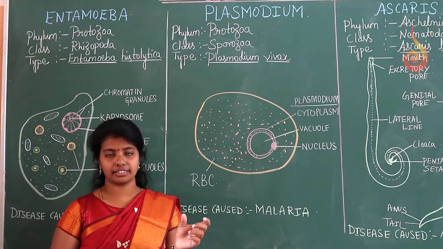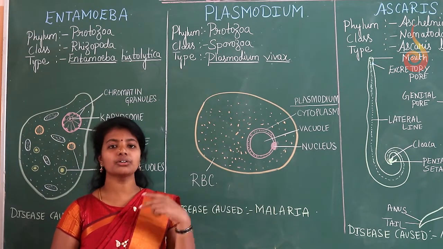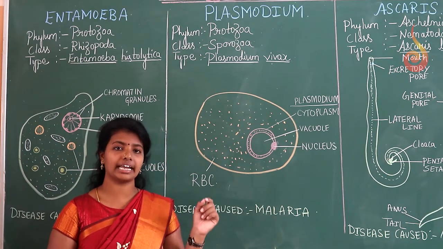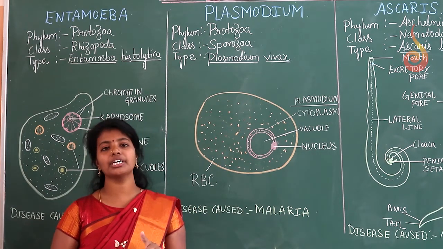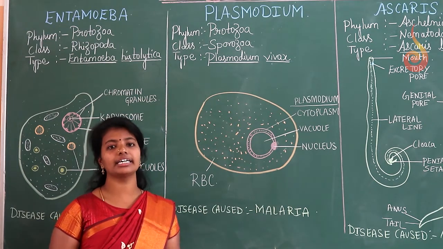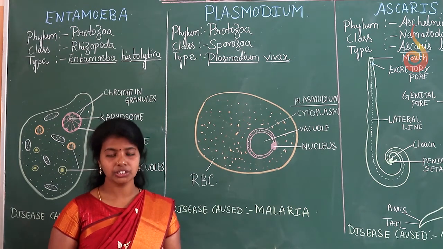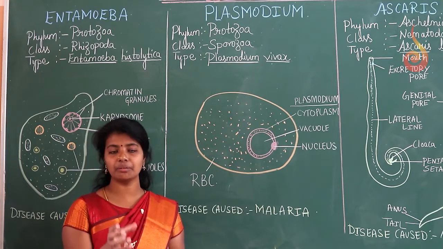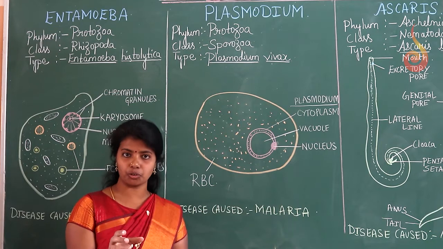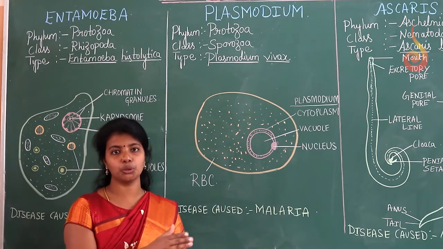Digenic, di means two, so it requires two hosts to complete its life cycle. The primary host is the female Anopheles mosquito and the secondary host is the human. That's why we say the female Anopheles mosquito is a vector for the Plasmodium to reach the human.